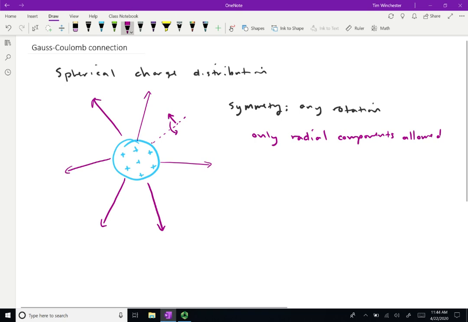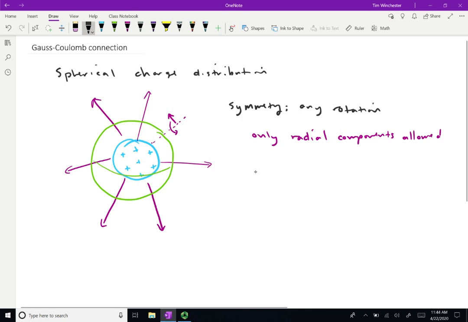Now, the most natural choice, I think, is a sphere. So if I take a spherical Gaussian surface like this, where it's centered on the charged sphere, then the area vectors point directly outward, while the electric field vectors also point directly outward.